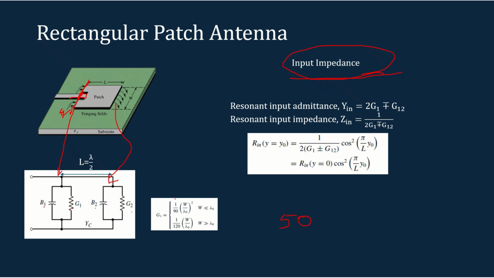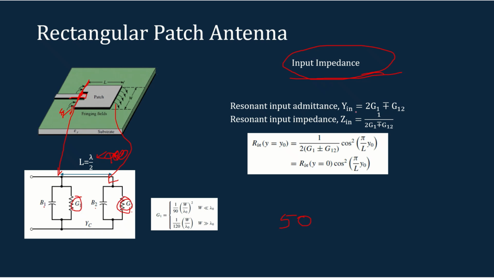G1 can be calculated by this expression. As both radiating slots are separated by a distance of lambda by 2, when you add B1 and B2, they cancel out, because lambda by 2 corresponds to a phase shift of 180 degrees, which causes the cancellation of B1 and B2. So the effective parameters correspond to G1 and G2.